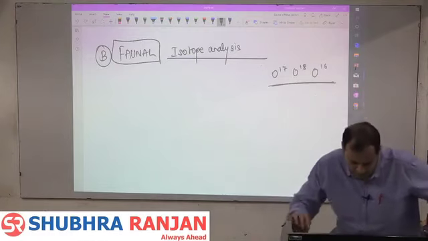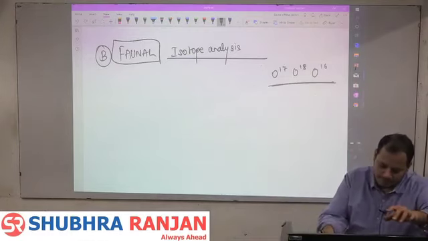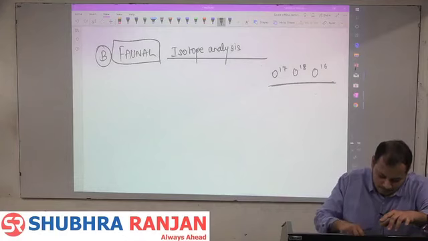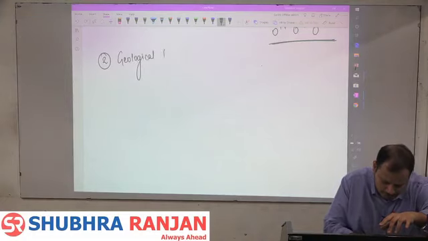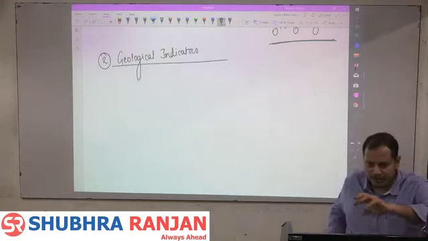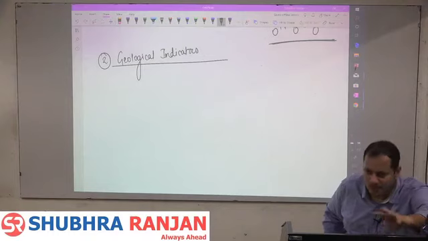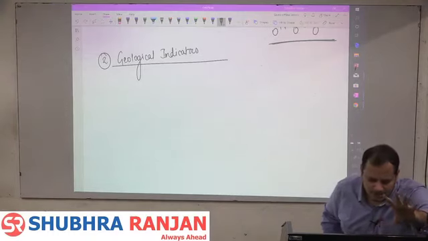Geographical indicators or geological indicators. This is a little difficult. What do you mean by geological indicators? The kind of minerals that are present in the rocks will be geological indicators.